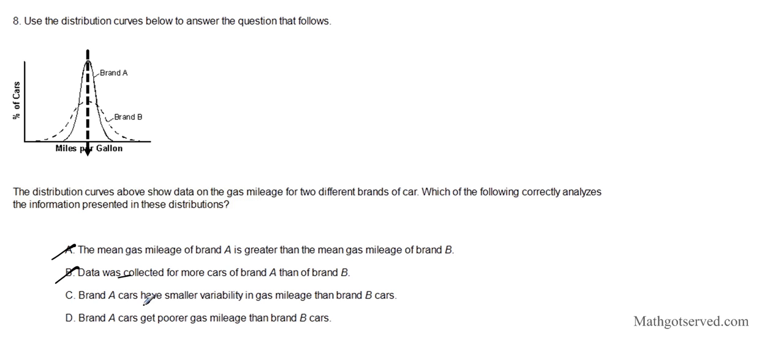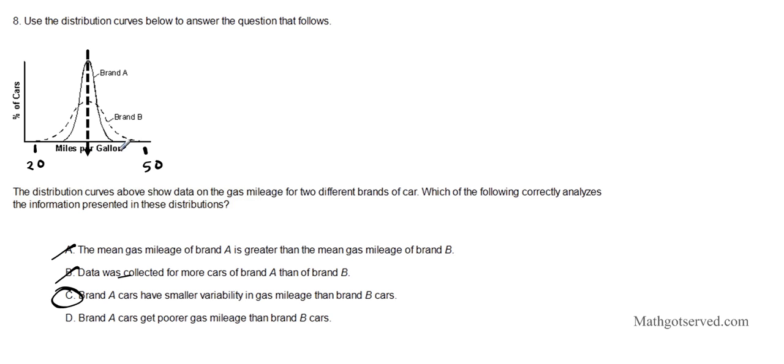It says brand A cars have smaller variability in gas mileage than brand B cars. So excellent, this is what we're talking about right here. When we talk about variation, we're talking about the deviation from the mean. Since this is not as widespread as B, it has a smaller variation. So let's say brand B goes from 20 to 50.